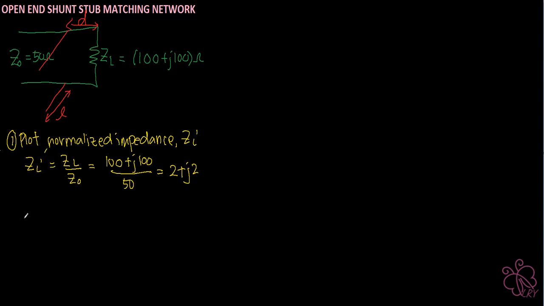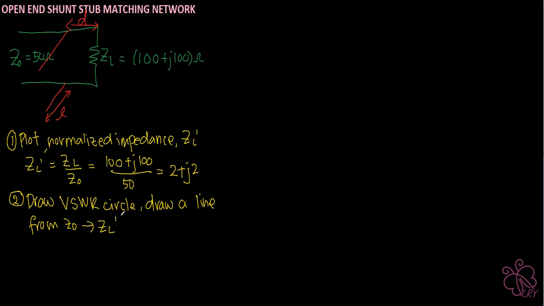Second step that we need to do is to draw our VSWR circle. Once you have drawn your VSWR circle, draw a line from Z0 to ZL prime.